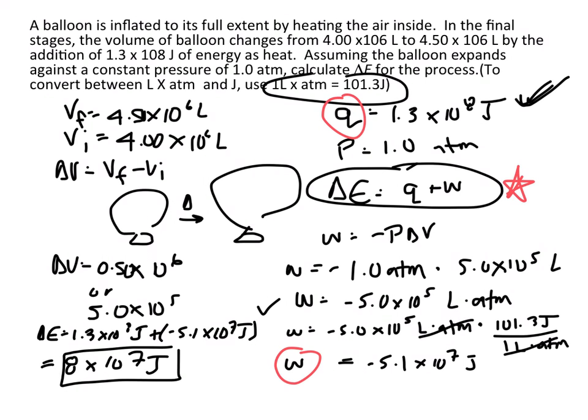This is the energy change associated with this balloon being inflated by the heating of the air inside. So we get a positive overall delta E value right here, which makes sense because the system has absorbed a fair quantity of energy as heat and as it subsequently expanded. So the system that we're looking at has experienced a positive change in internal energy.